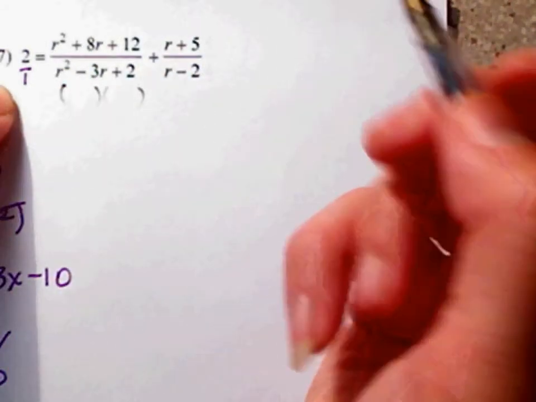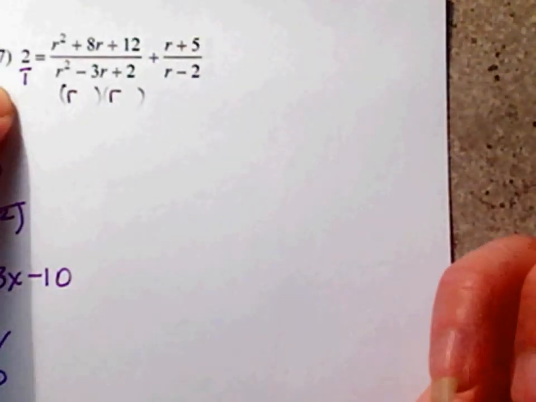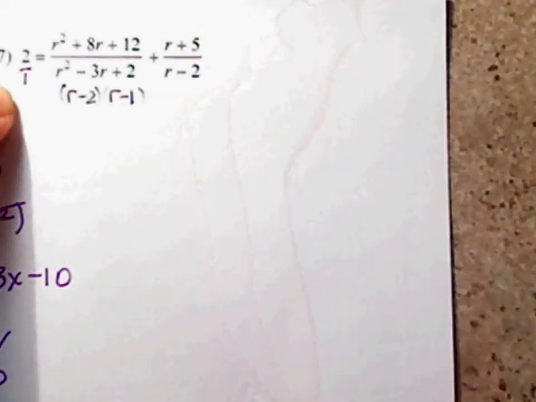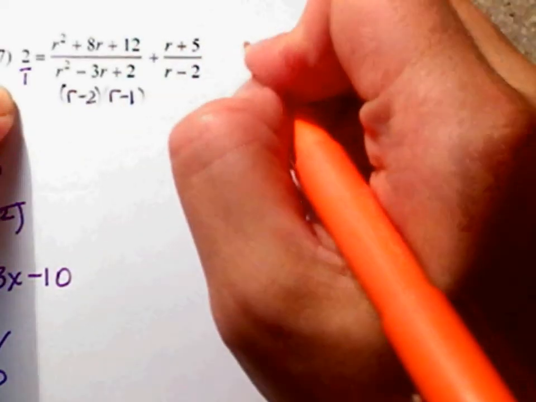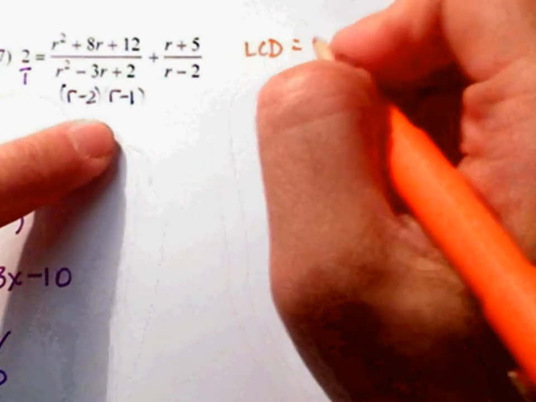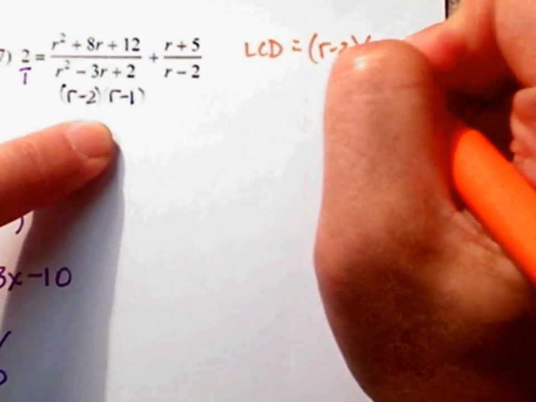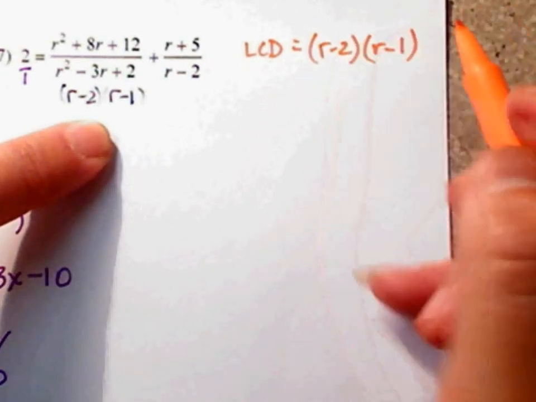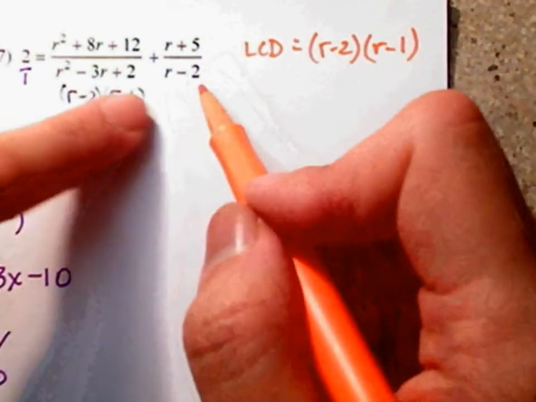What are some factors of r squared? r and r. Minus 2, minus 1. So, your LCD, your least common denominator, is r minus 2 times r minus 1. Okay? You have an r minus 2 already. You have a 1 accounted for.